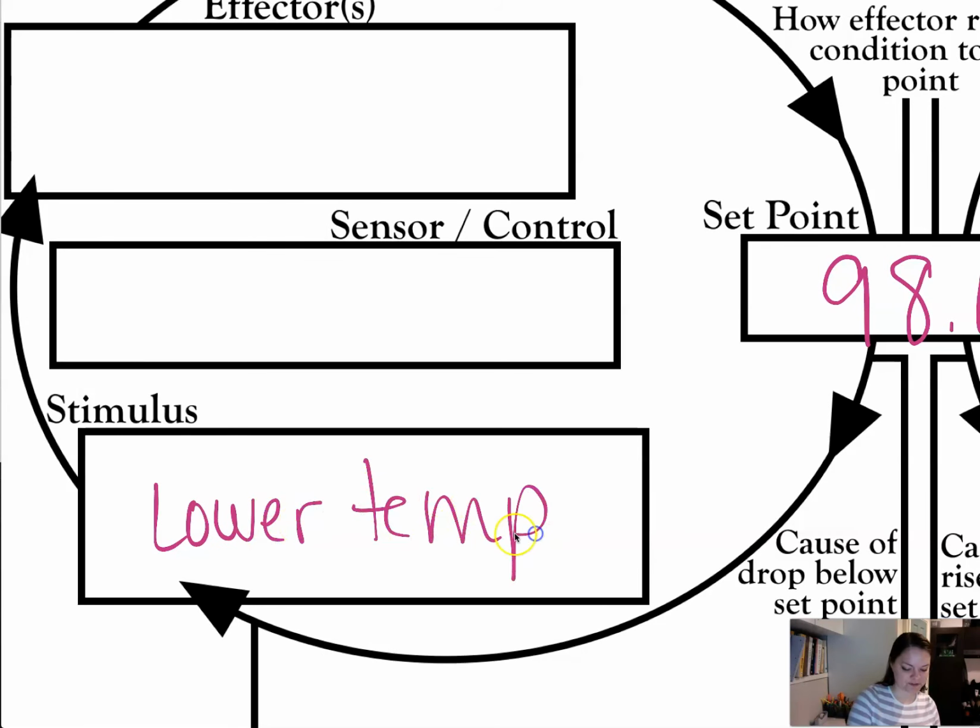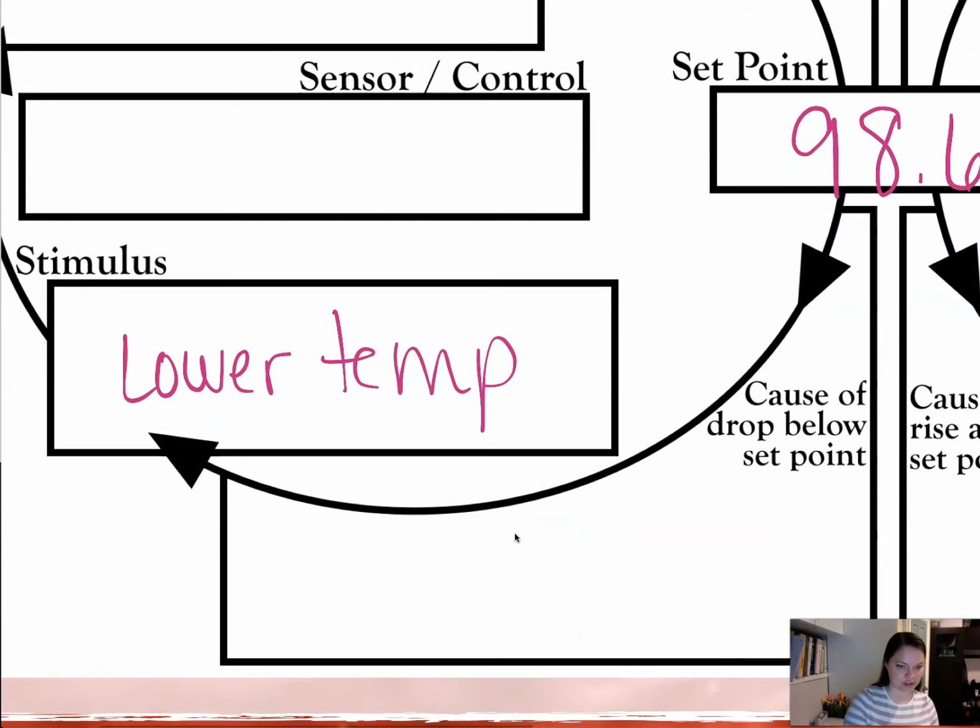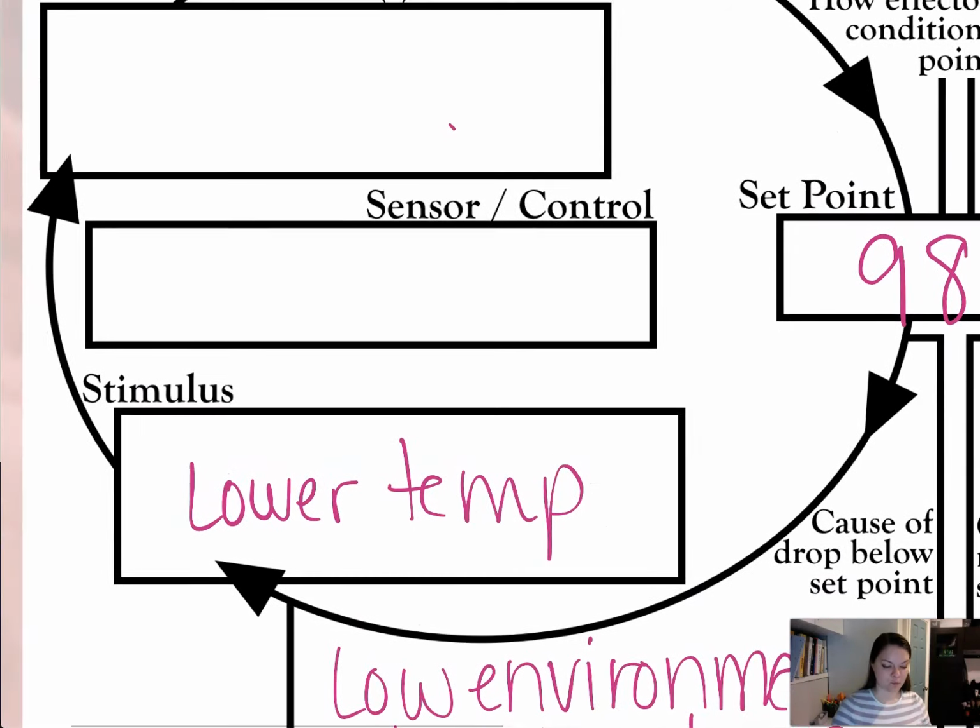So what are some things that can cause your body temperature to cool off? Some of the most obvious ones are things that are environmental or not producing enough body heat. So when your body starts to cool down, it's not the low environment and the conditions around you that's going to trigger you to warm up.